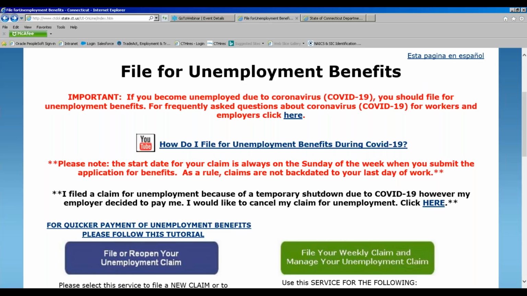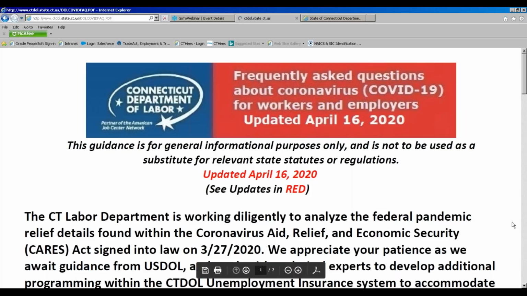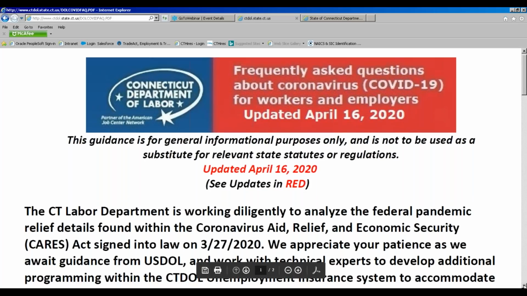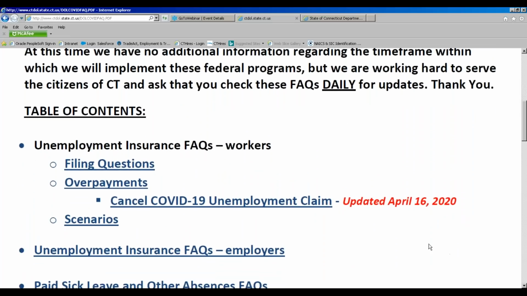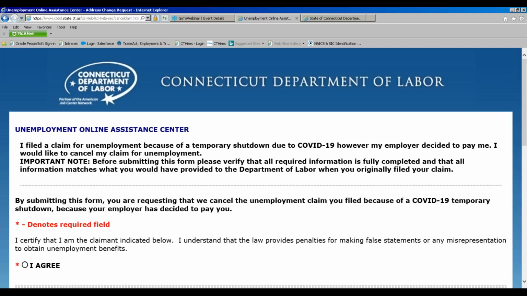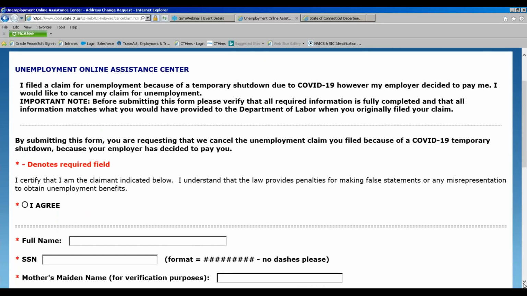So on the frequently asked questions page, and I'll wait till we get there so everyone can see this, down at the bottom, it says cancel the COVID-19 unemployment claim. We're trying to get this out to folks saying, I filed a claim for unemployment because of a temporary shutdown due to COVID-19.